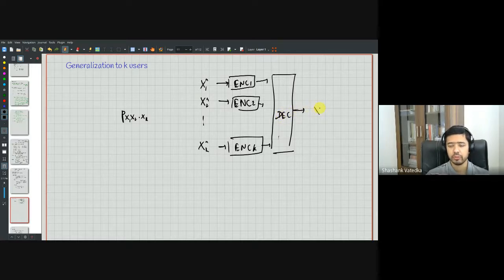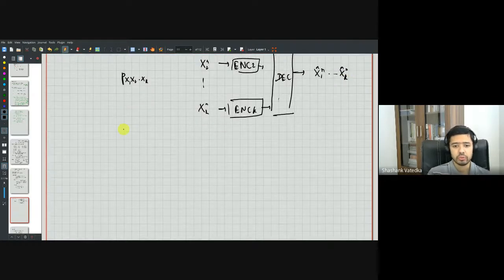And the goal of the decoder, so again we're looking at the fixed length vanishingly small probability of error setting, is to get X1^n hat through Xk^n hat, and we want to know what is the best rate tuple that can be achieved.